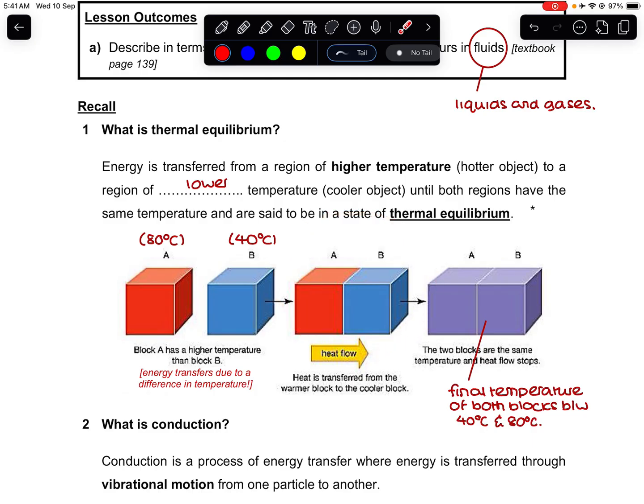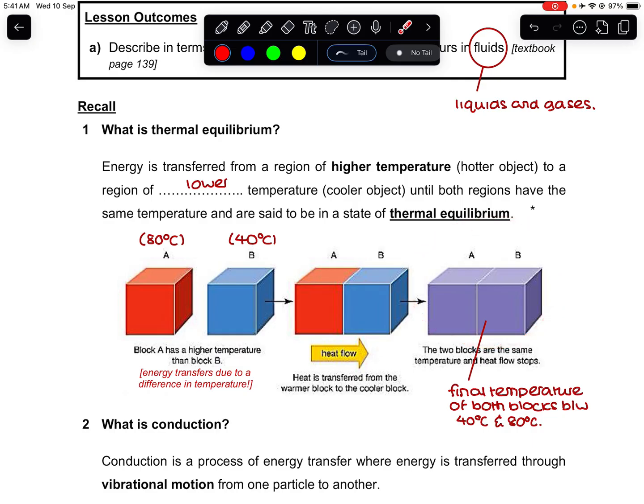And as thermal energy transfers, there will be changes in the temperature. The temperature for block A will decrease, whereas the temperature for block B will increase. Now, as it decreases and increases, it will continue until both blocks reach the same temperature, and this is where we understand it to be achieving thermal equilibrium.